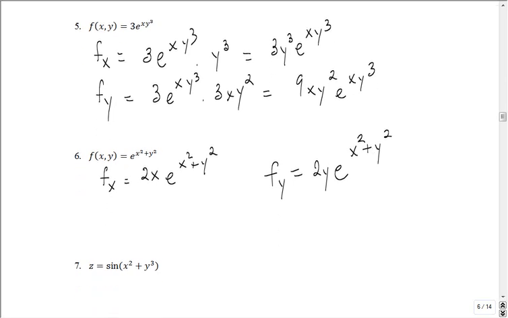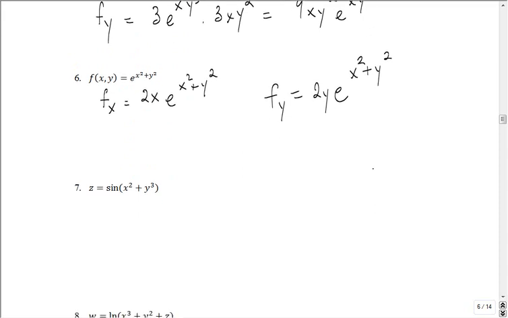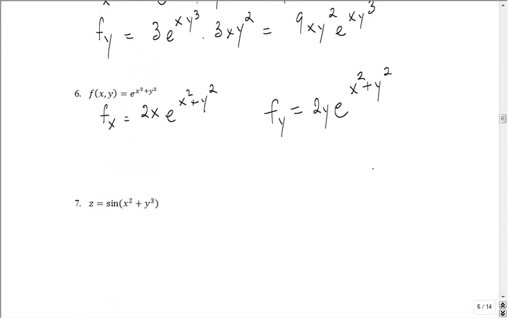More. That's another chain rule now. z equals sine of x squared plus y cubed. So let's do it. Partial z with respect to x. Differentiate sine, you get cosine of x squared plus y cubed. But we need to multiply by 2x, which is the partial of x squared plus y cubed with respect to x.